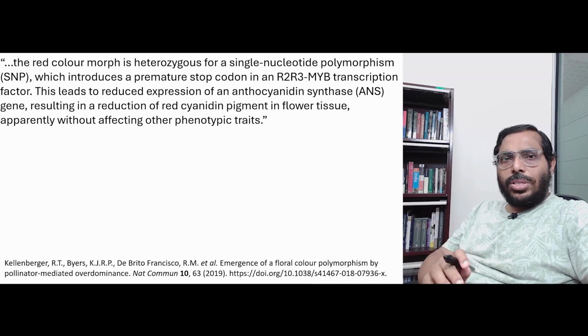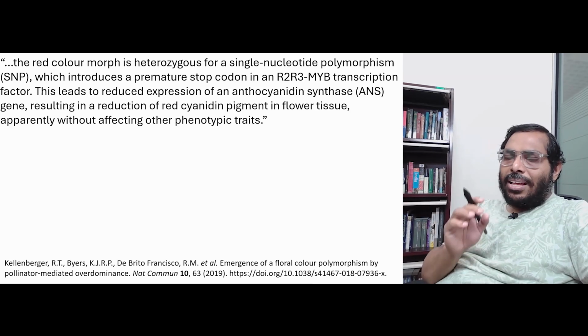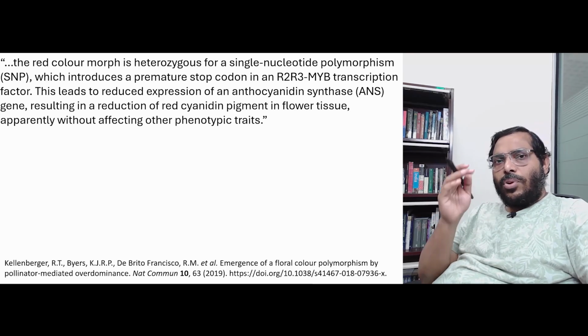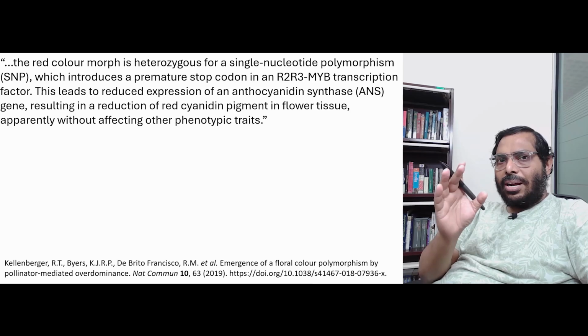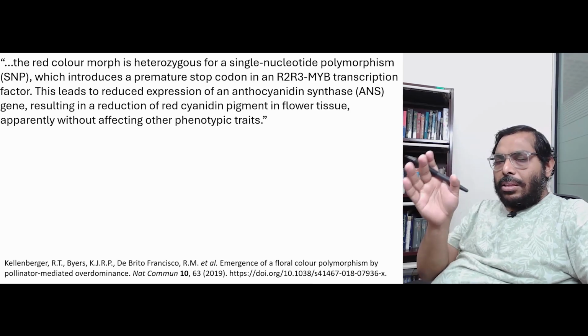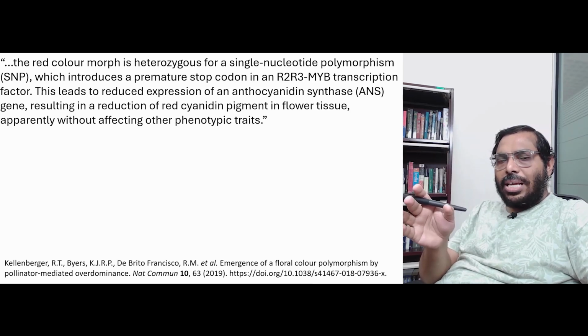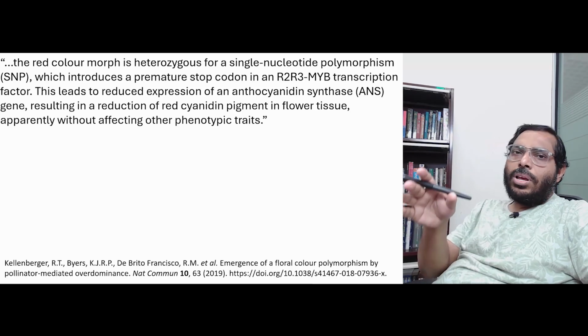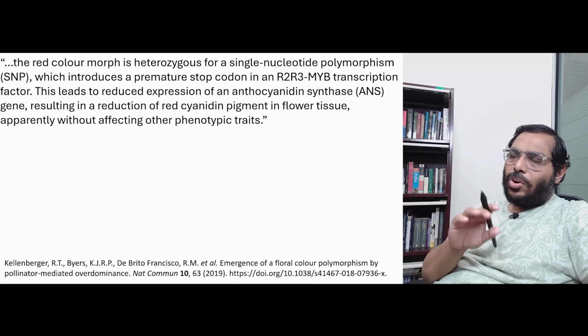So, those individuals which are so called black, they have both alleles normal, they produce lots of cyanidin, and therefore the flower is extremely darkly red, we call it black. The ones which are heterozygous have one copy of the normal allele and one copy of the mutated allele, therefore their color level is somewhere in the middle, we call it red.